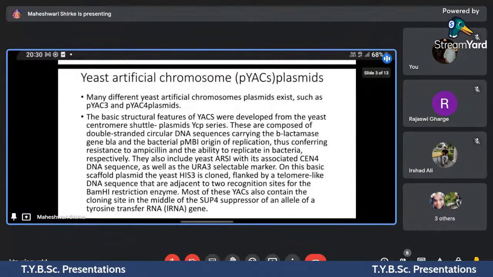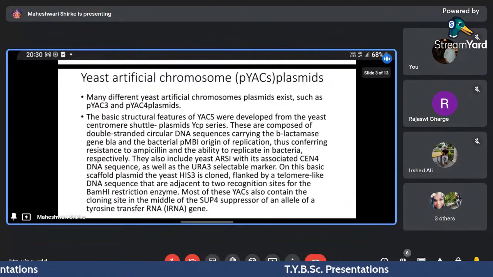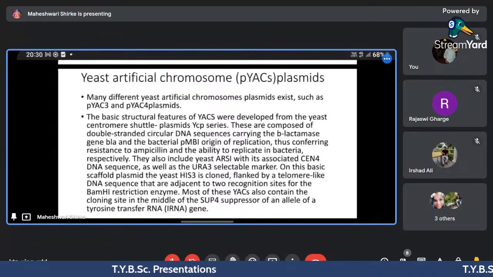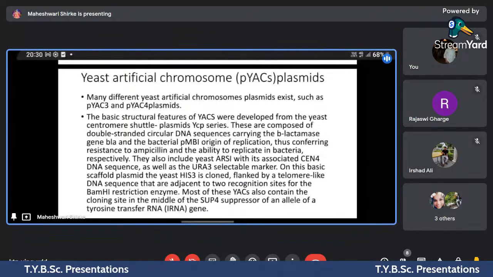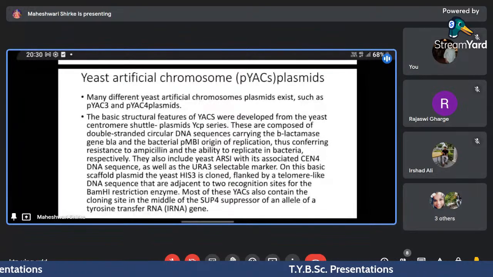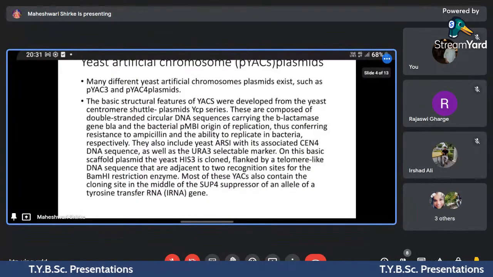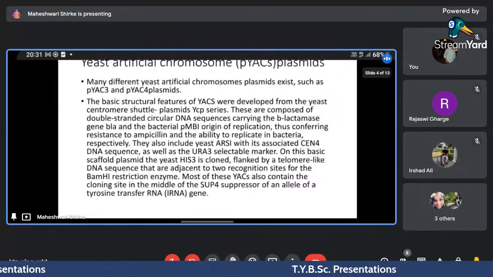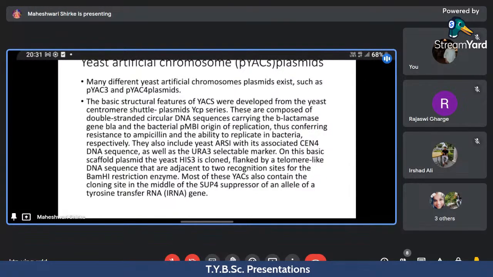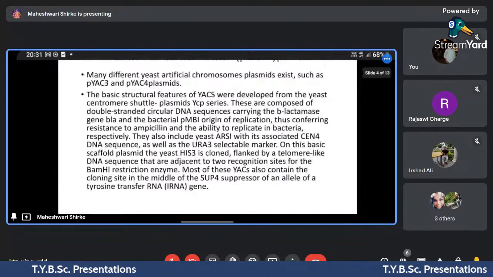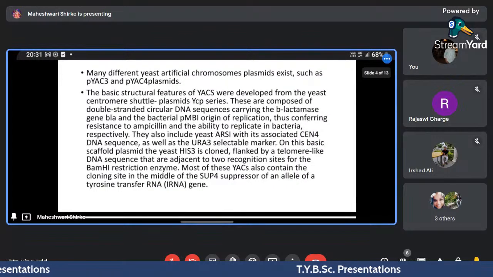Yeast artificial chromosome plasmids. Many different yeast artificial chromosome plasmids exist, such as YAC3 and YAC4 plasmids. The basic structural features of yeast artificial chromosomes were developed from the yeast centromere shuttle plasmid series.